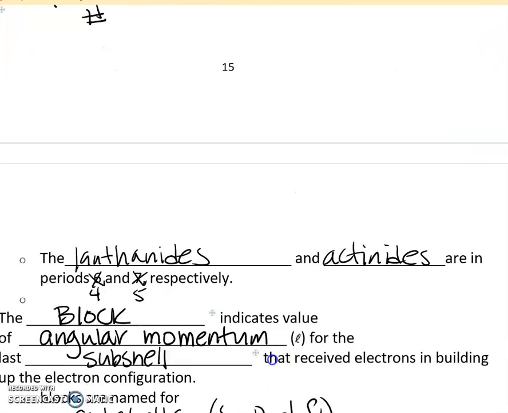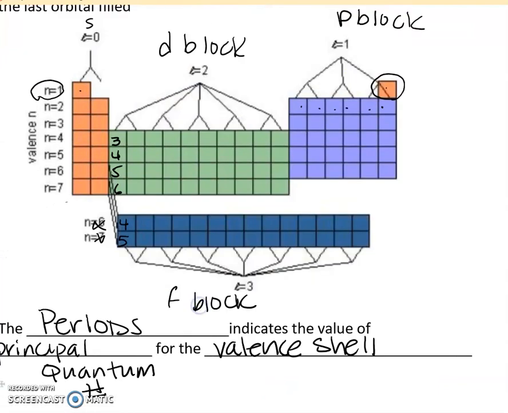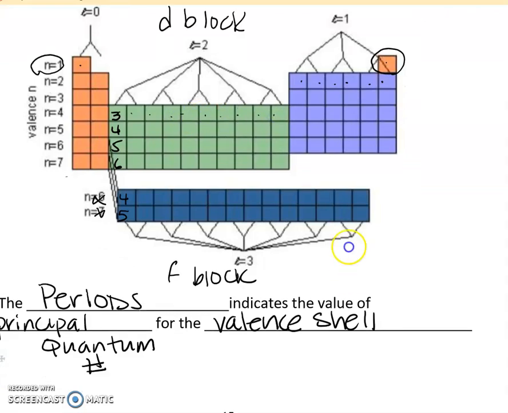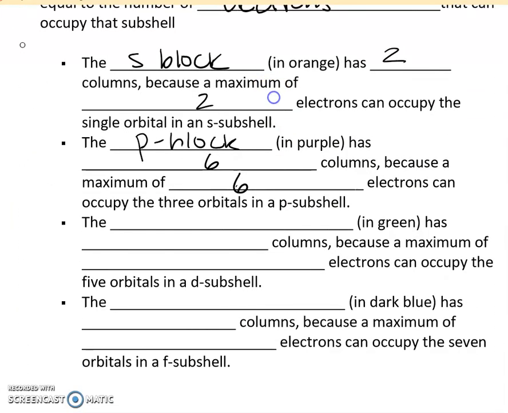Now in green, these are our d's. How many columns does d have? 1, 2, 3, 4, 5, 6, 7, 8, 9, 10. So the d block has 10 columns, so it has a maximum of 10 electrons that can occupy the 5 orbitals in a d subshell.